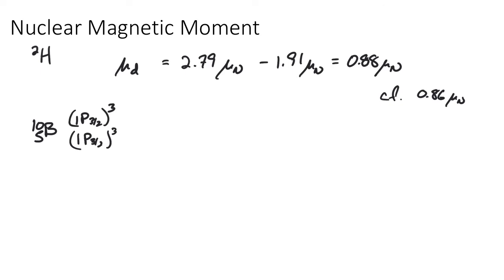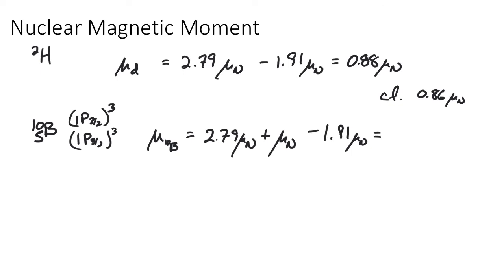So in this case, we expect to have a magnetic moment that would be 2.79 from the unpaired proton, plus 1 nuclear magneton from its angular momentum, and then minus 1.91 nuclear magneton for the unpaired neutron's spin, which gives 1.88 nuclear magneton, in good agreement with the 1.80 measurement.